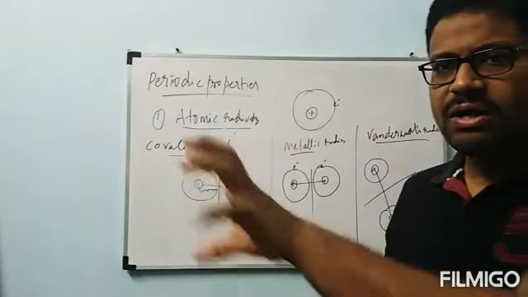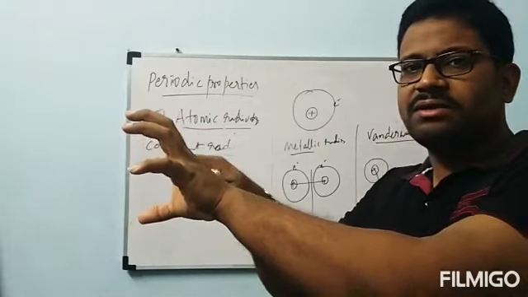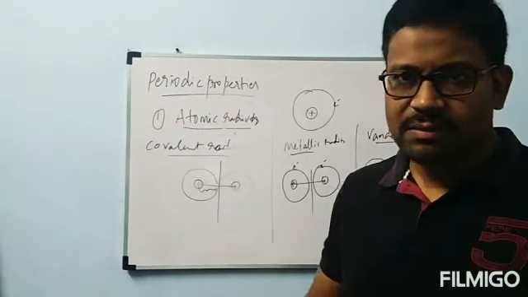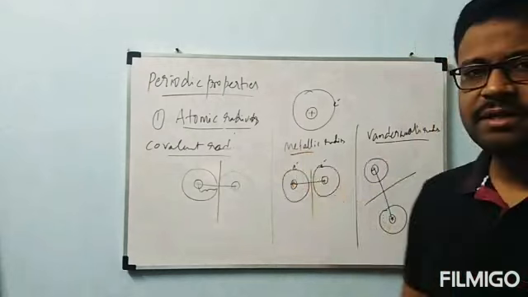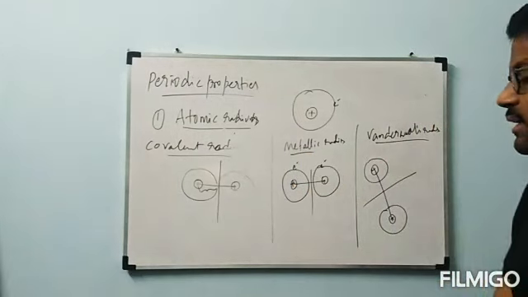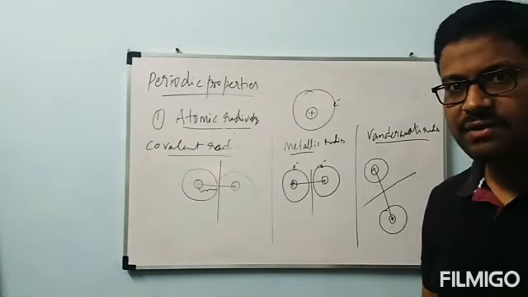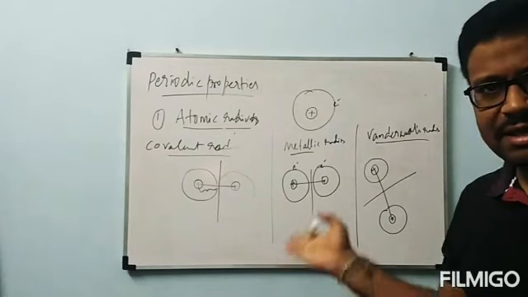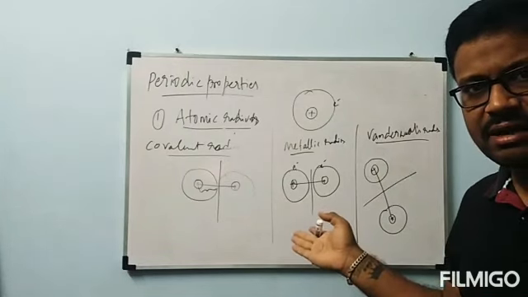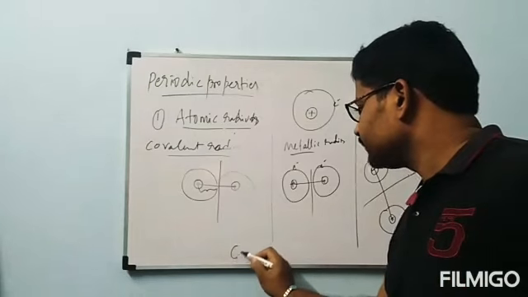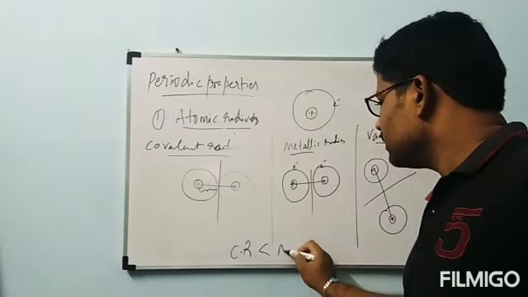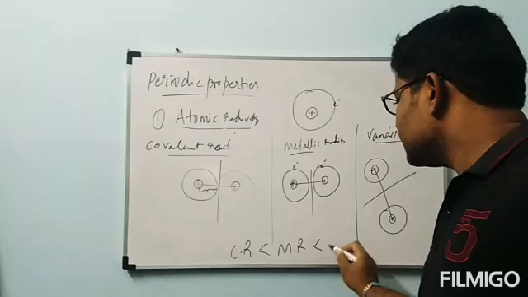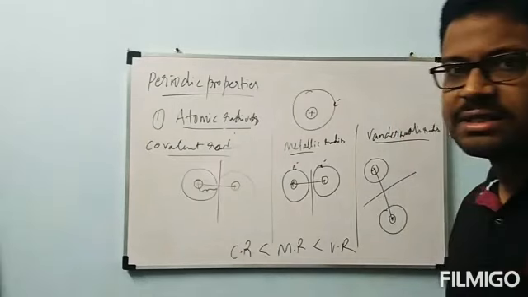We cannot find the distance between the nucleus and the outermost shell by holding one atom. It is not possible. So these are the three types of radii: covalent radius, metallic radius, and van der Waals radius. Now we can understand the order by seeing the diagram itself. Covalent radius is less than metallic radius, which is less than van der Waals radius.